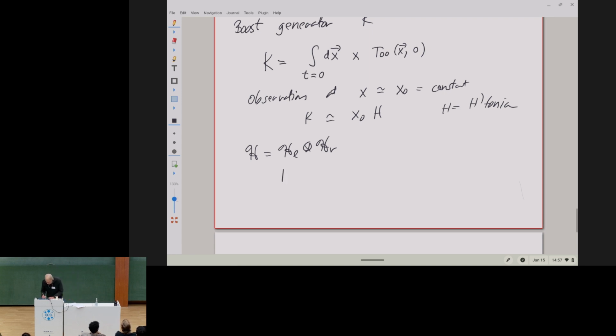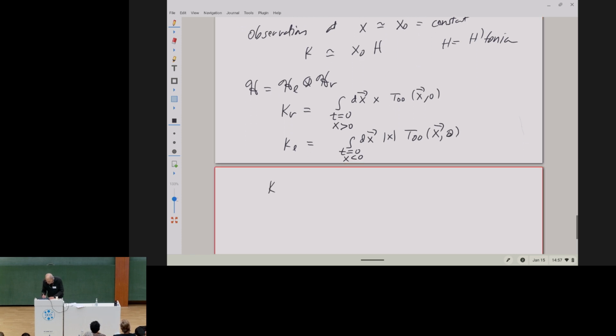To do that, I'll define K right to be the part of this integral at positive x, and then I'll define K left to be the part of the integral at negative x, but since x is negative, I'll put in an absolute value, so I still get an operator that would move us forward in time. And because I've done that, the relation between K and K right and K left is that K is K right minus K left.